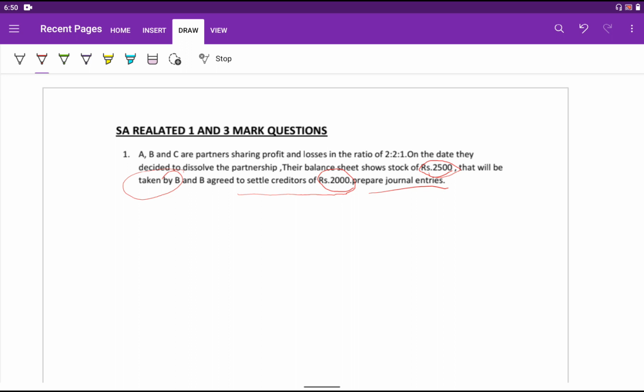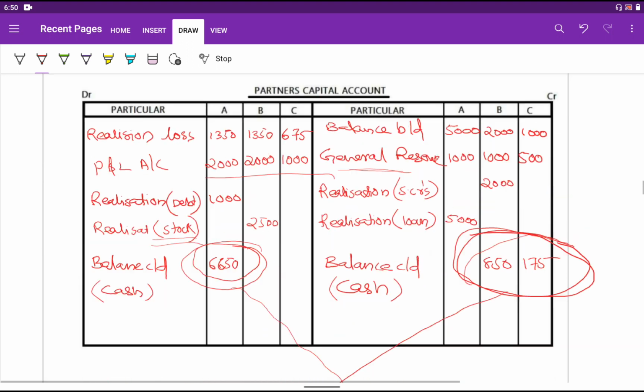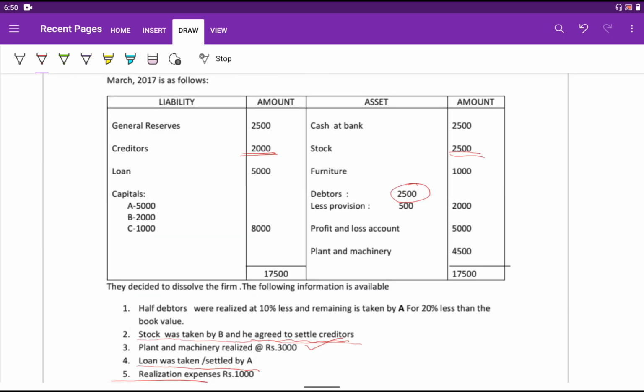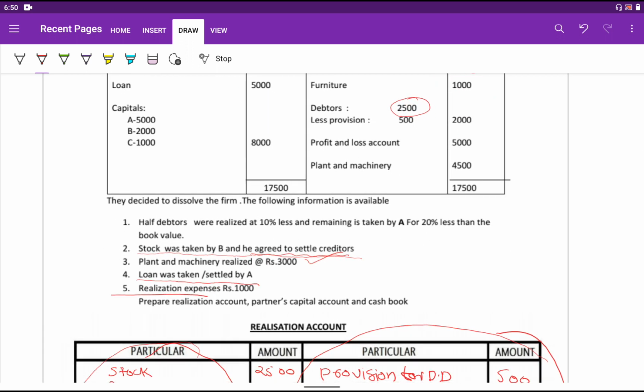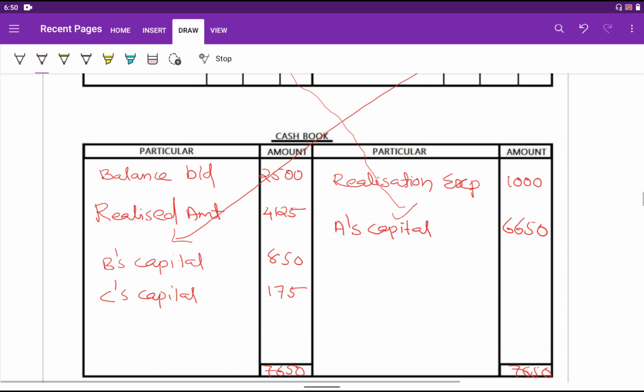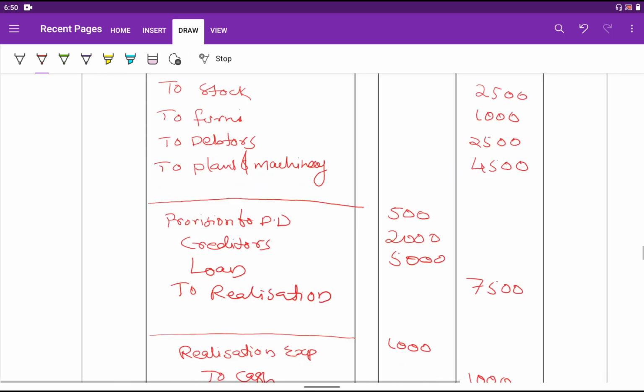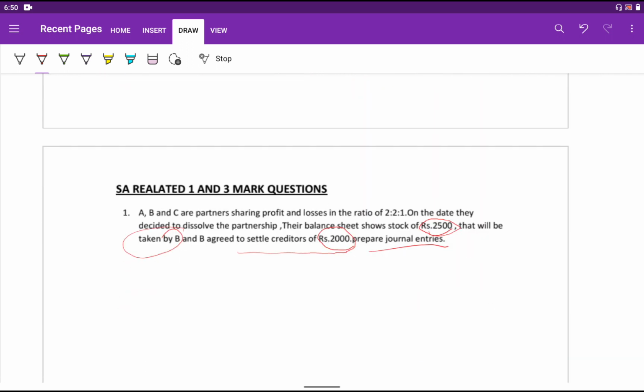It is there in the question, you can see. We wrote this journal entry also. Stock was taken by B, and he agreed to settle creditors. That is the question, but that question came in a short form, as a 3 mark or 2 mark question.